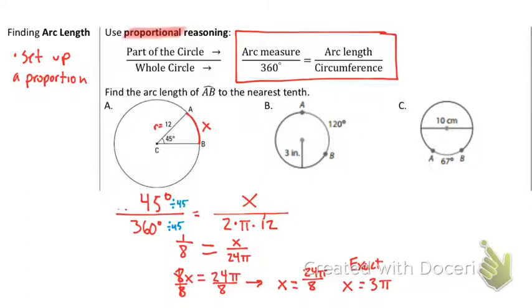But if you look at the question here, it says I want you to round to the nearest tenth. That means we actually have to multiply this out because it wants it in decimal form. So here's exact. So decimal form is going to be x equal to 3 times, and then we use the actual number for pi.